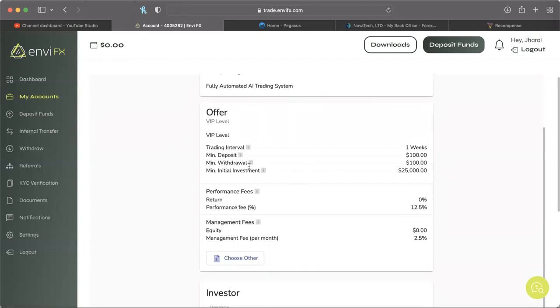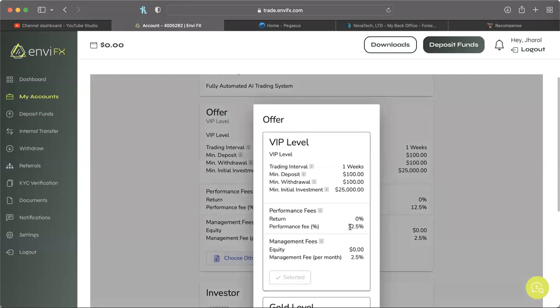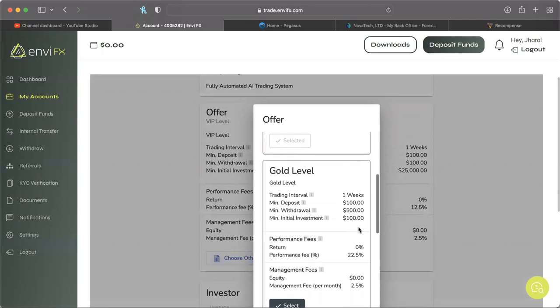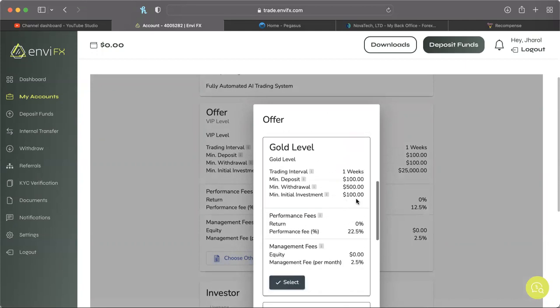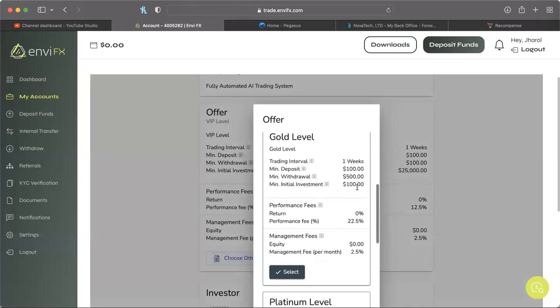But that is just one offer, right? They have other offers. If you click choose other offer, it'll get to the other offers. So they have the VIP level. They have the gold level where the minimum investment is $100, ladies and gentlemen. Minimum withdrawal is $500 because, and I saw this in the group chat, they want to encourage you guys to compound.